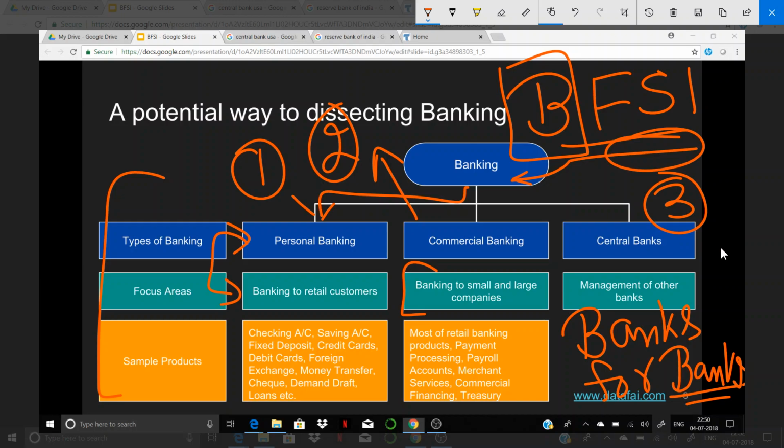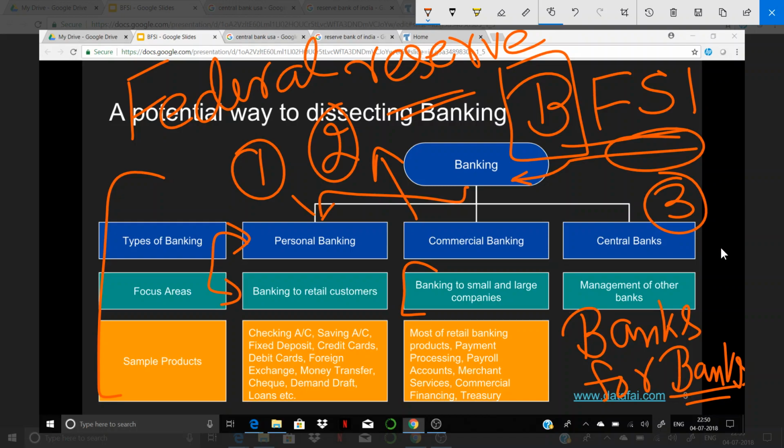What could be some of the examples of these central banks? So the Federal Reserve in the US is one good example, right? They will basically decide all the policies, the protocols, the standards for banking, and the rest of the banks have to adhere. So the Federal Reserve is one big example in the US.